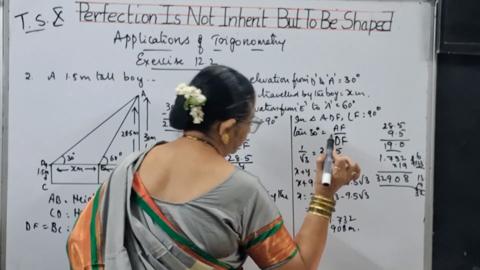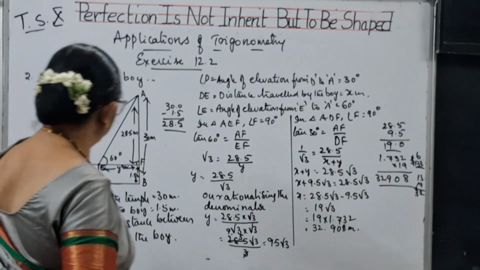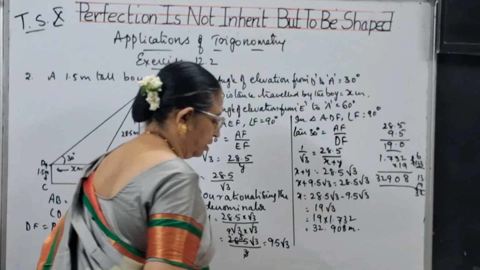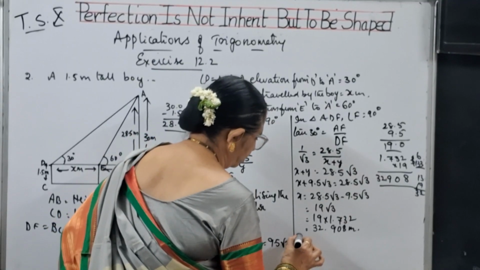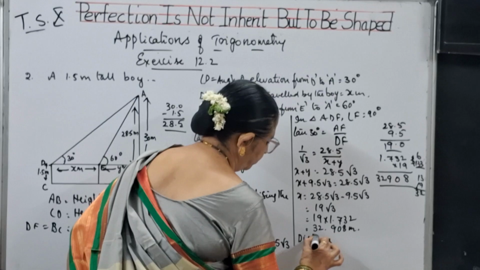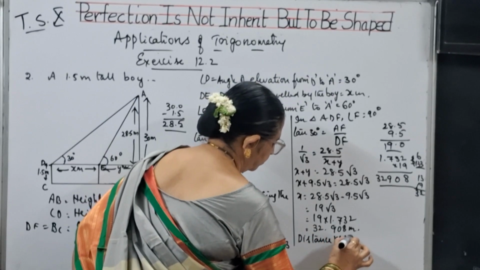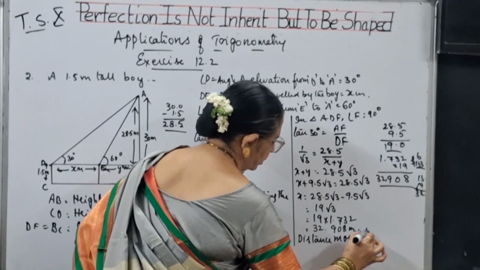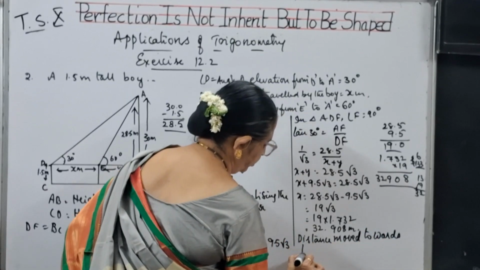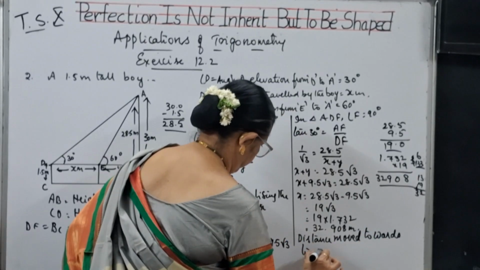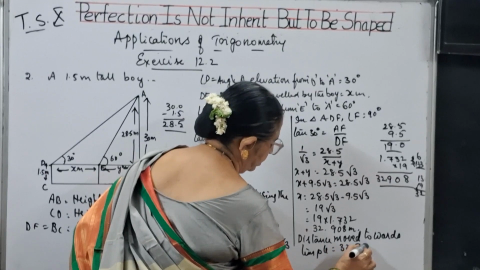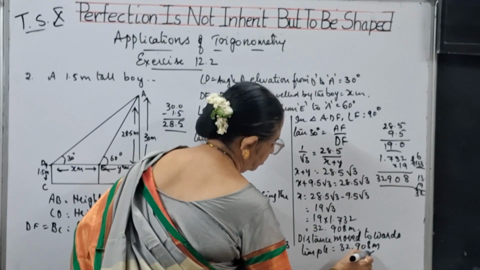So what is this X? The question is distance moved towards temple. Distance moved towards temple is equal to 32.908 meters.